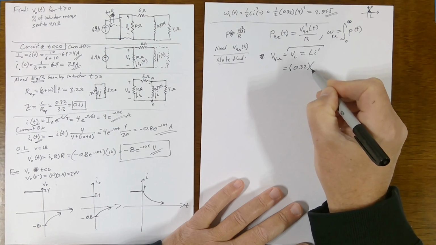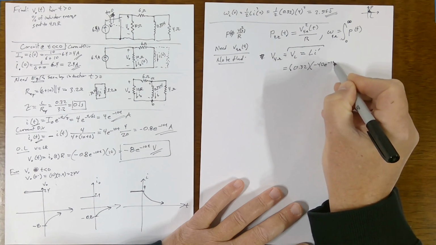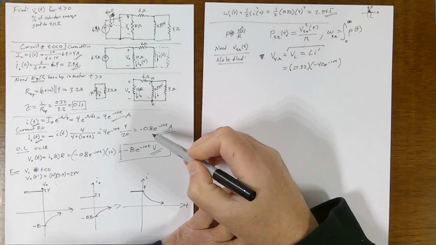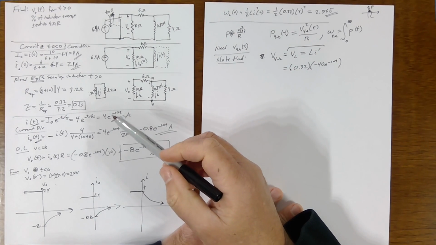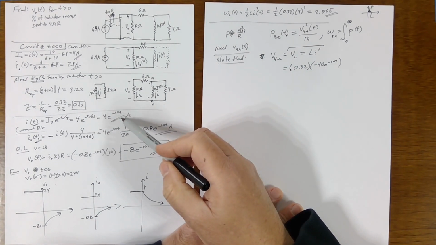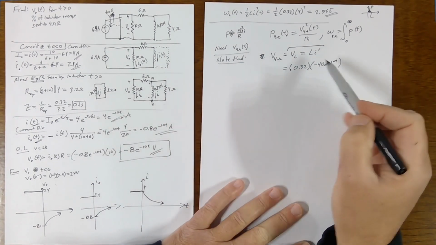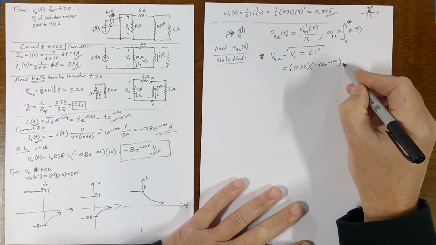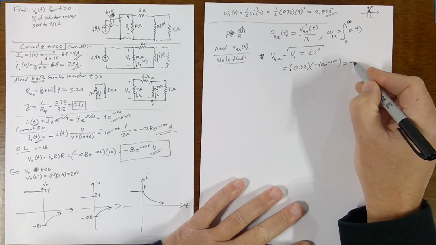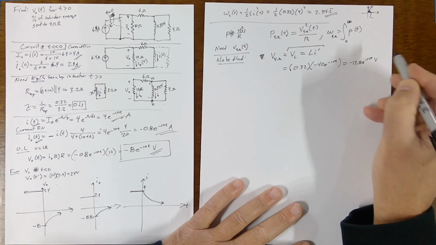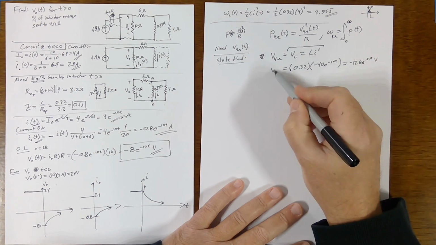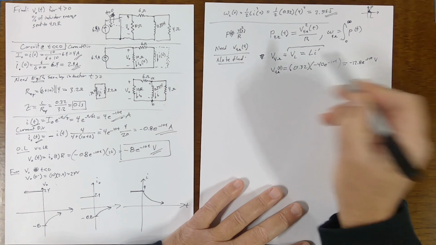That's L, and then i prime is going to be minus 40 e to the minus 10t. The derivative of this guy is this guy. So you're going to get minus 12.8 e to the minus 10t volts. This is the voltage across the 4 ohm as a function of time.